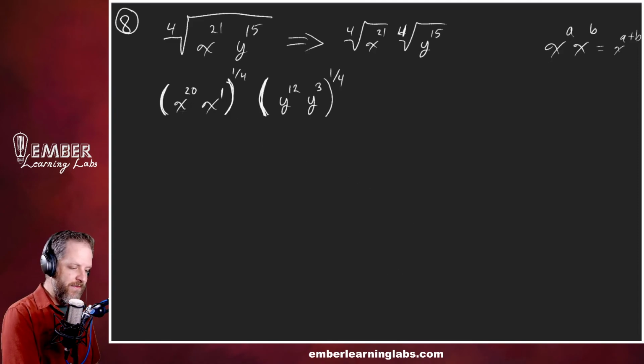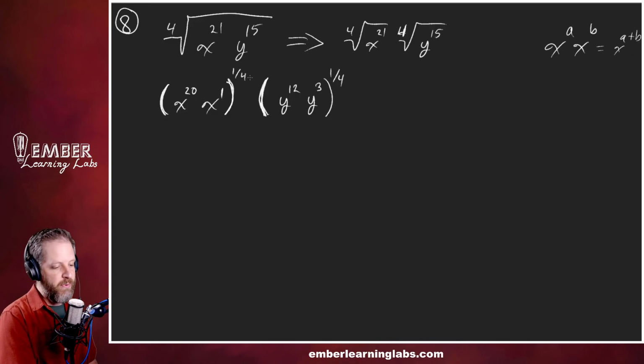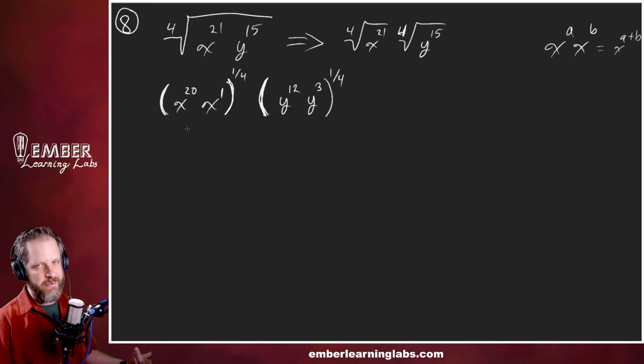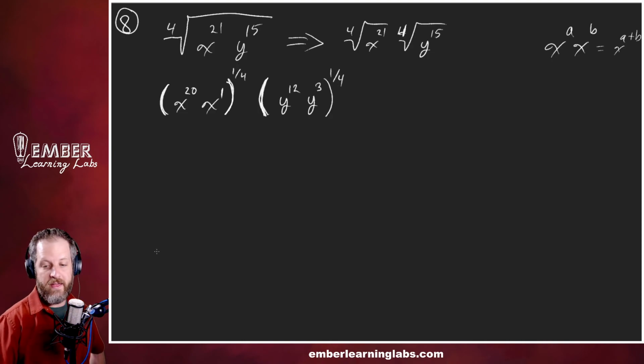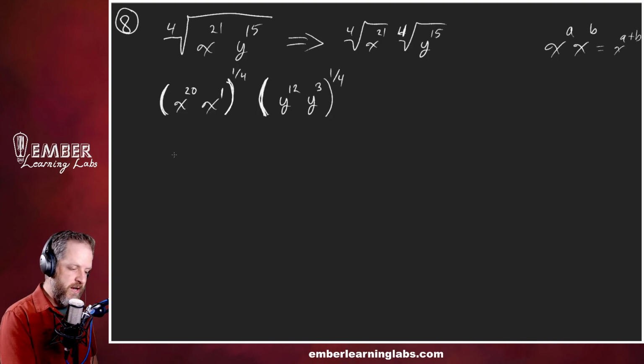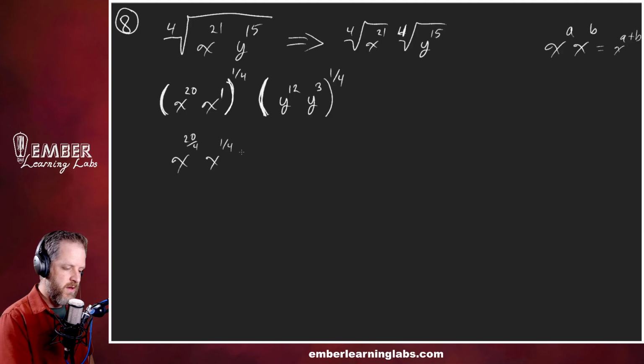Now, if we have these in here, this product to a power, we can essentially distribute this 1/4 in there, right? So this would turn into x to the 20/4 times x to the 1/4. I'll leave these parentheses on. We actually don't even need them on this line.